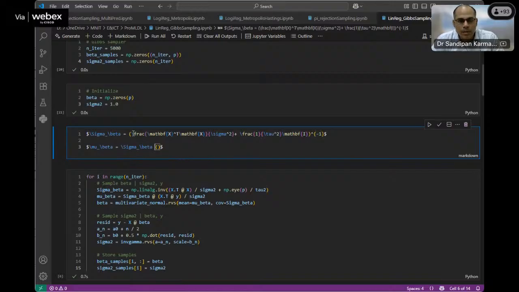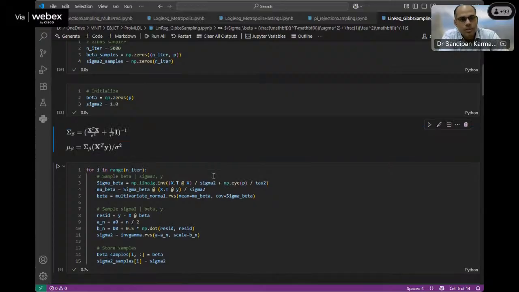So I am taking this particular x transpose y divided by sigma square. Isn't it good?